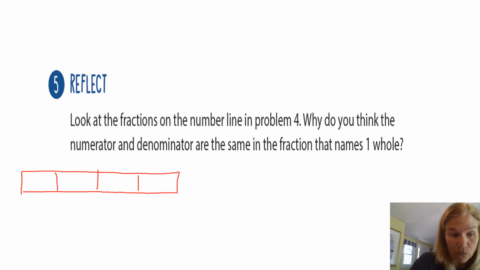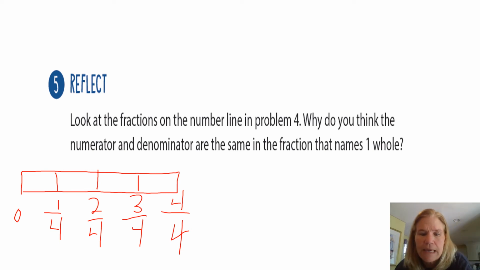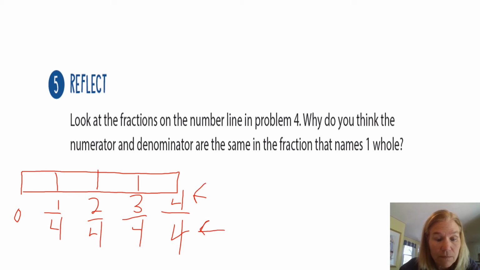And we knew 0, 1/4, 2 fourths, 3 fourths, 4 fourths. And I want you to think here, why do you think the numerator and the denominator are the same in this fraction that names 1 whole?